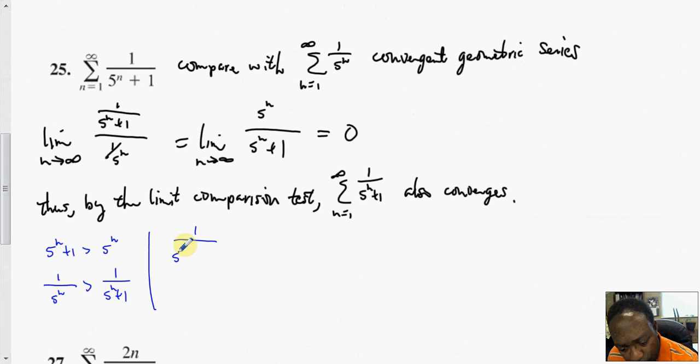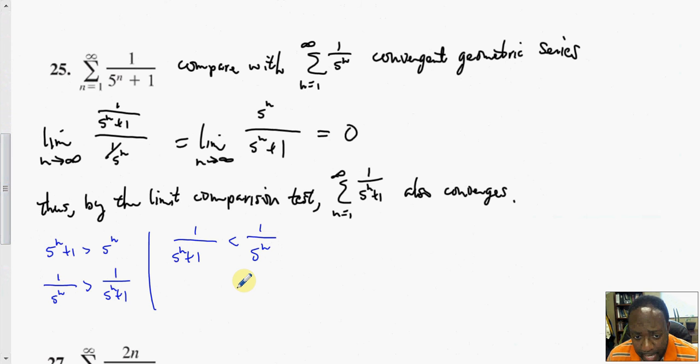So 1 over 5 to the n plus 1 is less than 1 over 5 to the n. The series for 1 over 5 to the n converges. What can you say about what happens before that? Nothing. Yep.